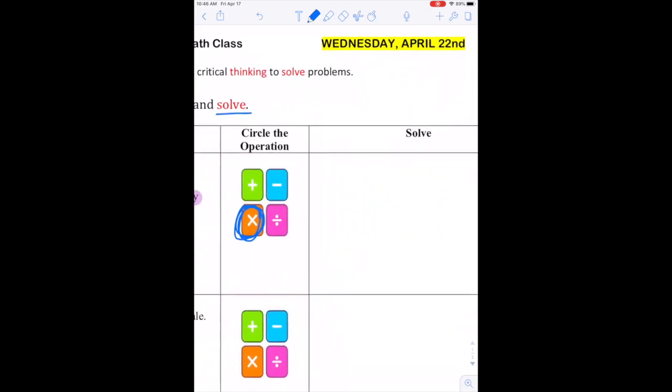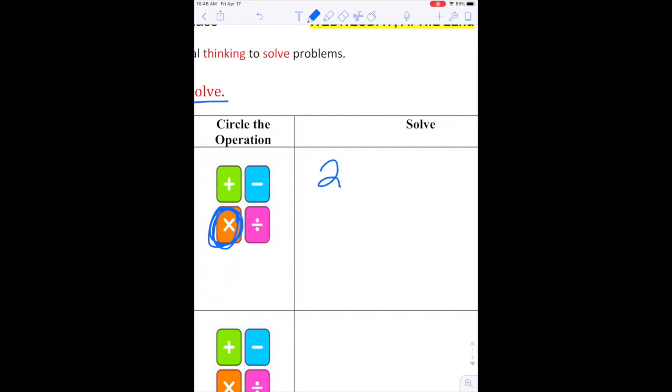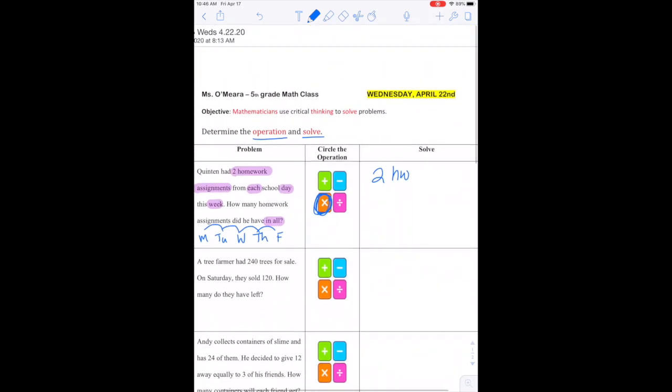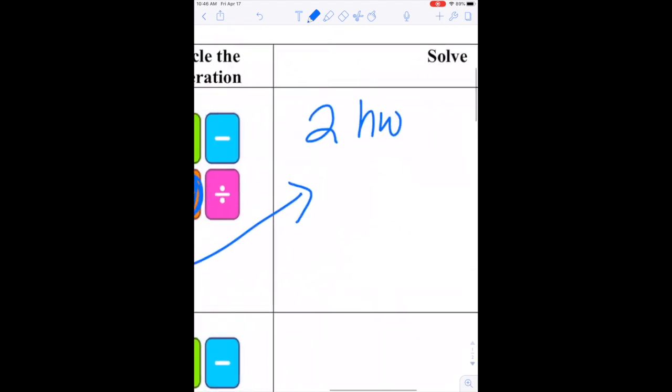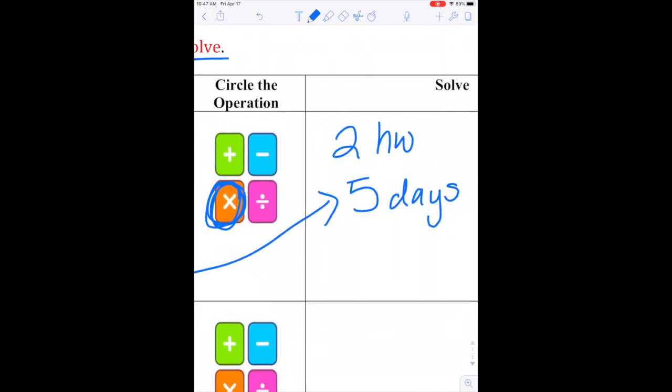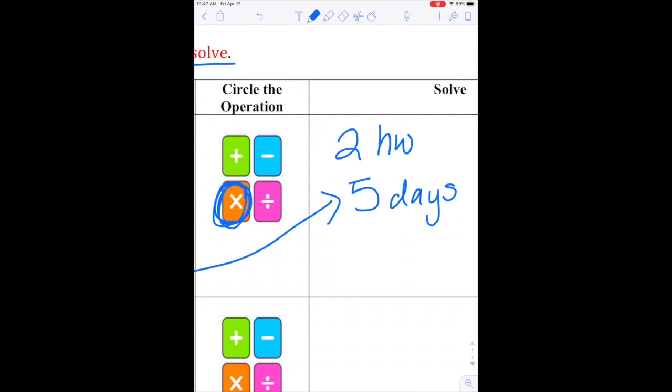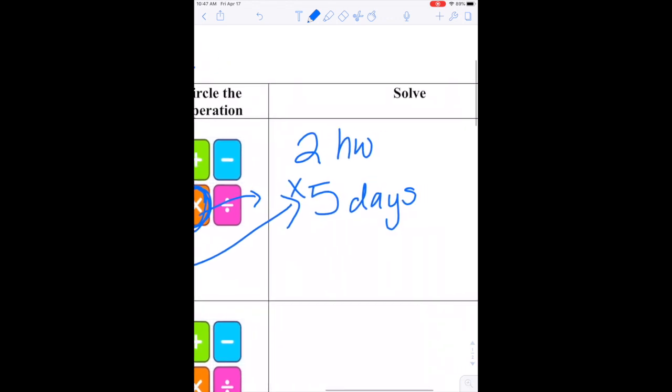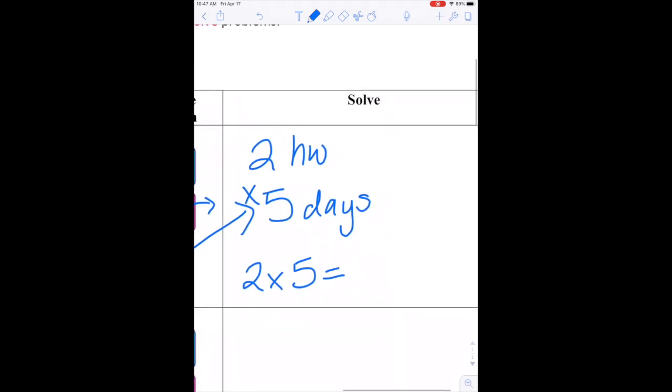So to solve it, he had 2 assignments, 2 homeworks, and he had them each day, which we already said. How many days were there? There were 5 days in a week. And we already figured out what operation it is. So we said multiply. So really what we're doing is we have 2 times 5, and that means that he had 10.